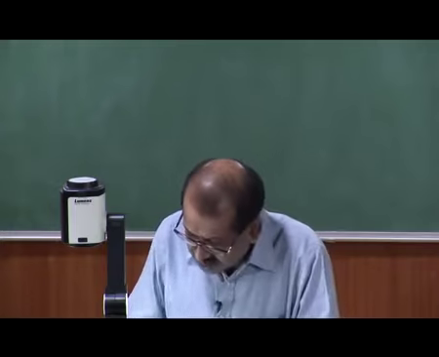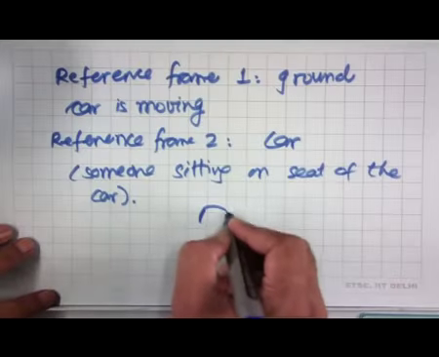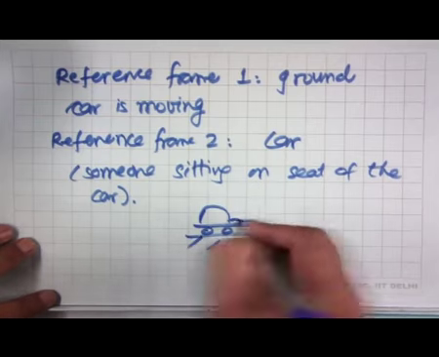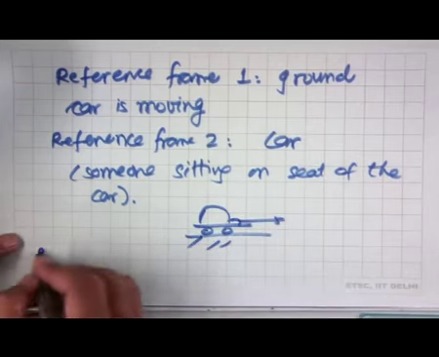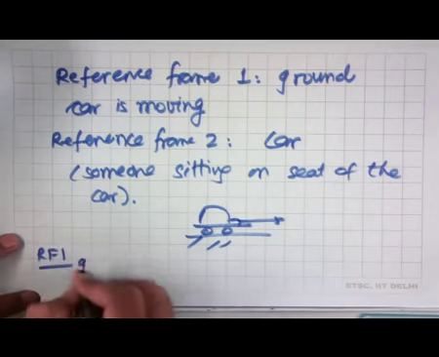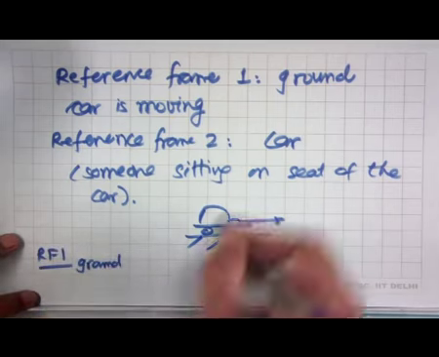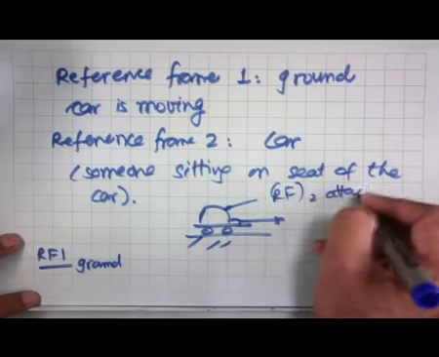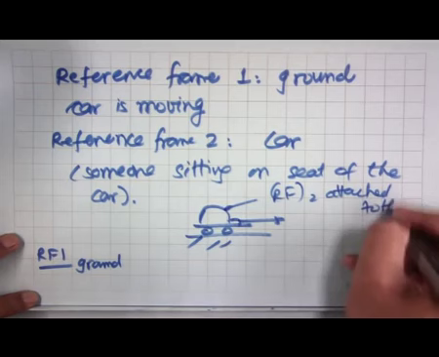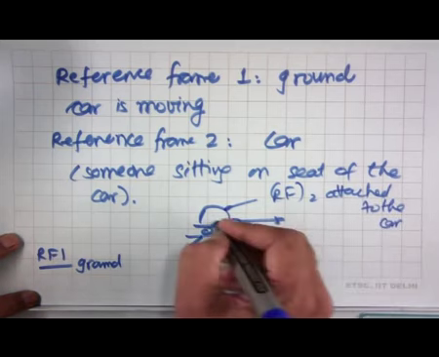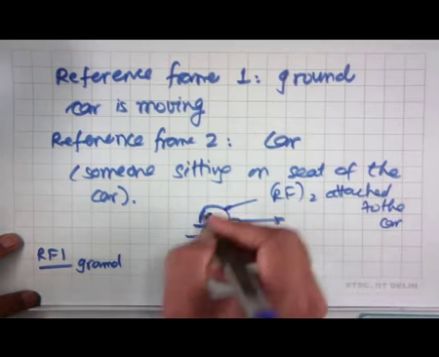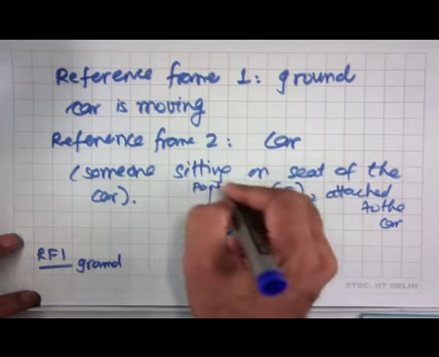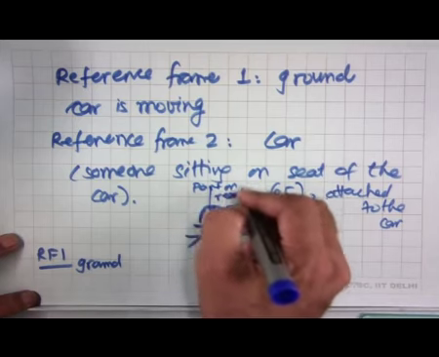So, what we have is, suppose a car is moving on the road, reference frame 1 is on the ground and reference frame 2 is attached to the car, and let us say there is a point, a point on the rear seat of the car.